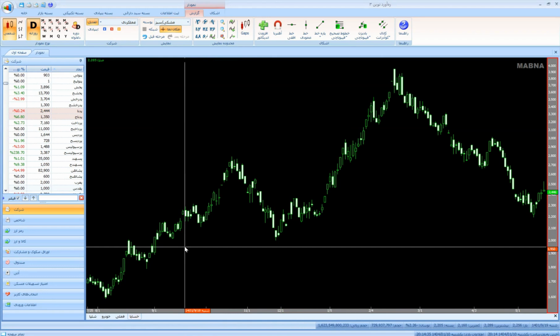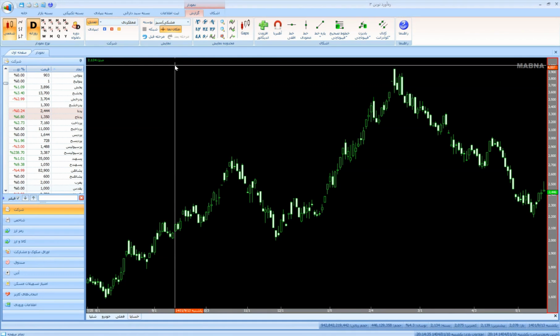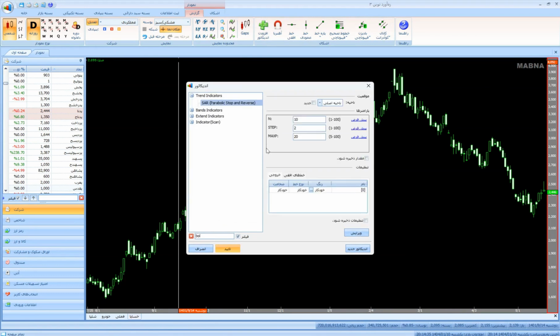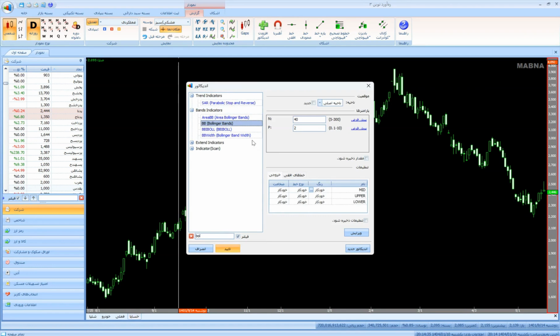Well, to apply the Bollinger Bands, it's enough for me to type Bol in this section of the Add Indicator window, and after typing this, from the second part of the Indicator section, we select the option BB or Bollinger Band.